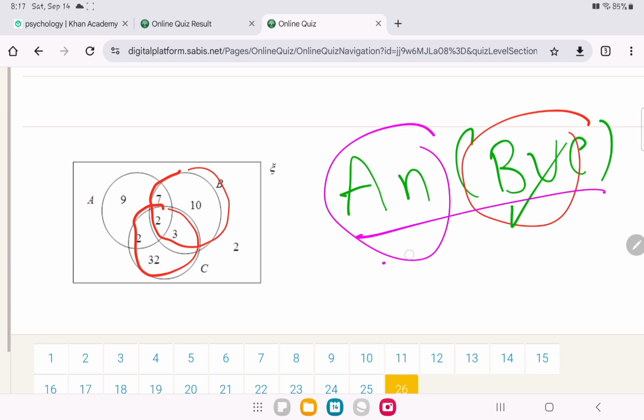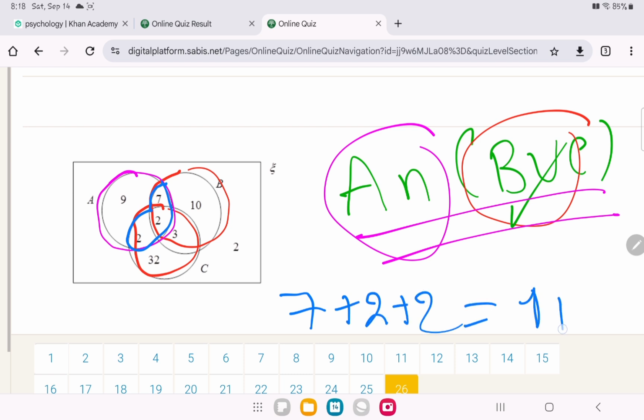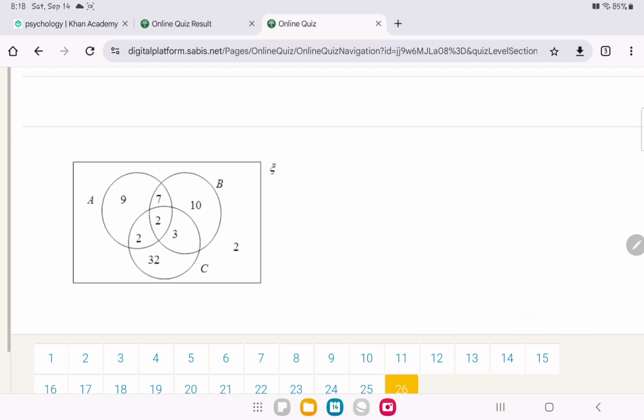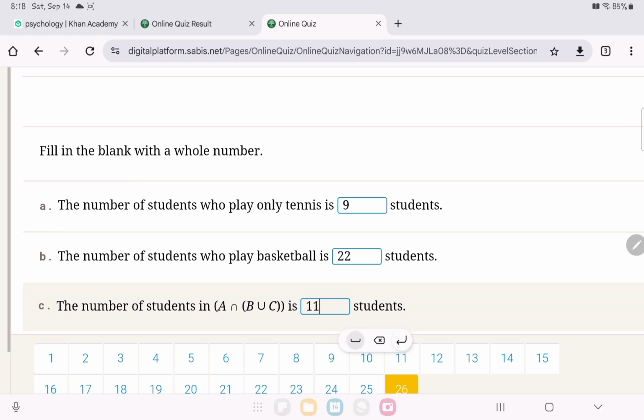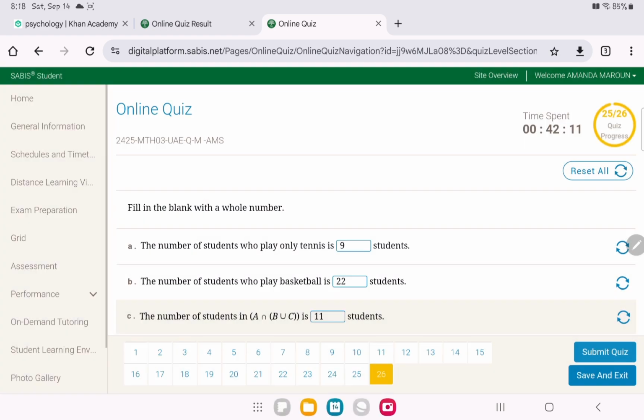The A intersection B union C. So what values in B union C are in common with A? We have 3 values, which are 7, 2, and 2. So very simply, we do 7 plus 2 plus 2. We will then get 11. So our final answer for this one is 11. Let's check.